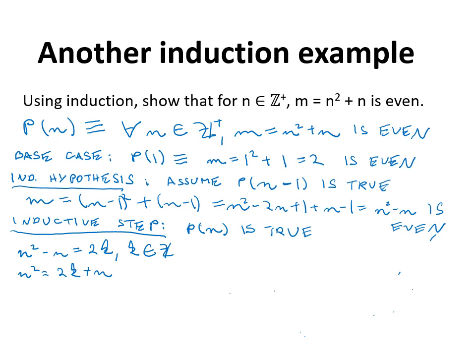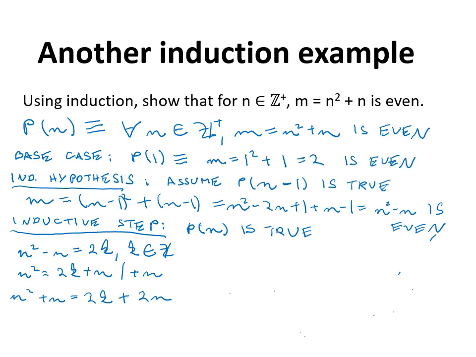Know that from here we want to show that P of n is true, meaning that n squared plus n is even. So we want to work our way to somehow get n squared plus n on the left hand side. So how do we do this? Now we add n to both sides. So we get n squared plus n is equal to 2k plus 2n. Great. So we have n squared plus n on the left hand side.